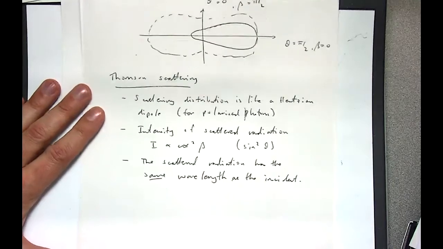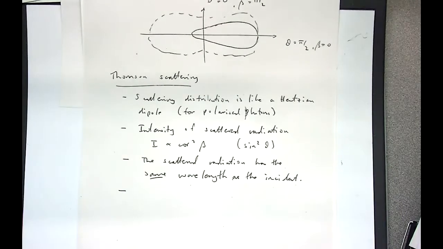And the other thing, it's kind of obvious, but imagine I had polarized radiation coming along and it's causing the electrons to move up and down. Because those electrons are moving up and down, the electric field they generate is in the same direction as their motion.